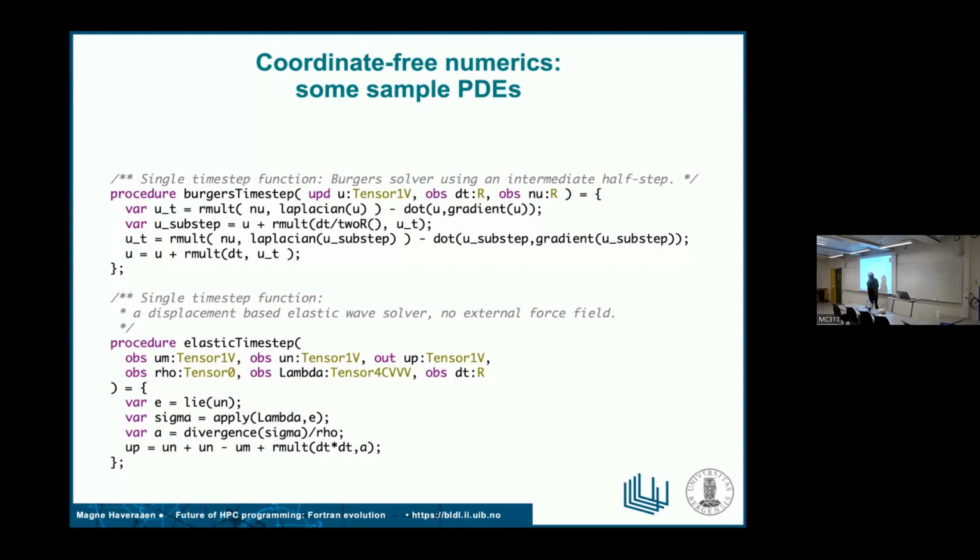There are some constants thrown in somewhere, like dt is sort of time resolution. Nu is a constant describing the medium that's being worked on, and tensor 1v is the wave, the movement that this sort of Burgers' equation is working with.